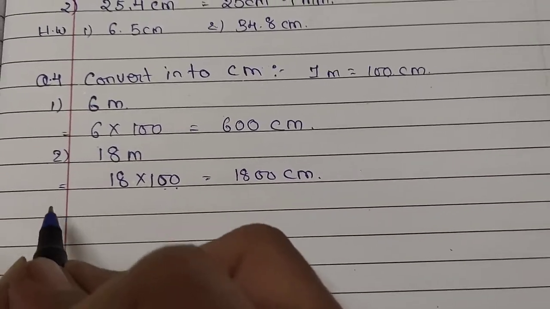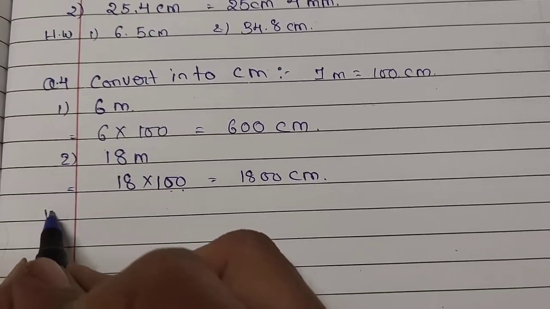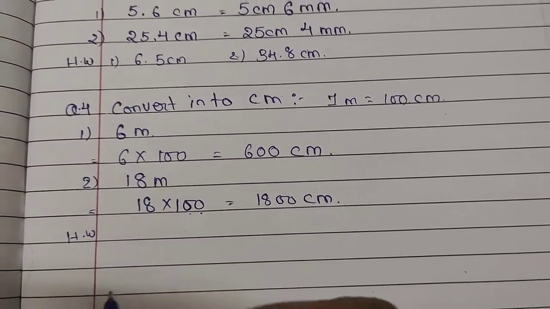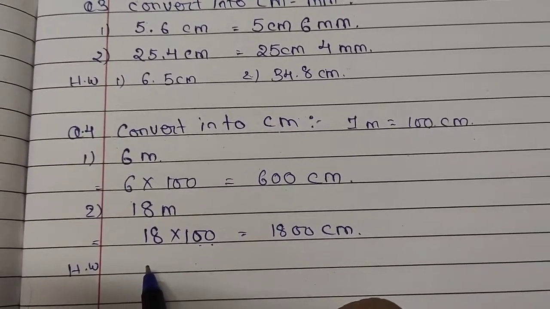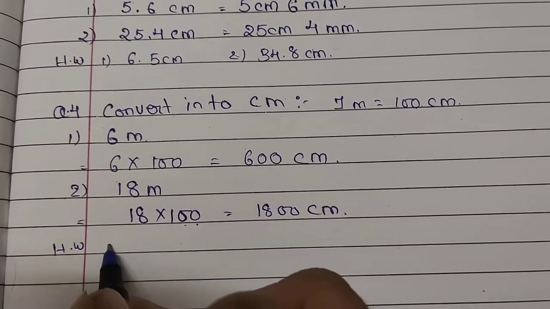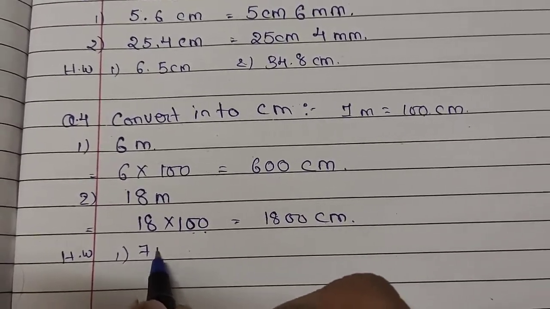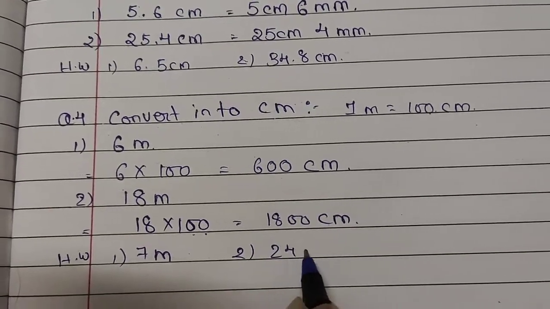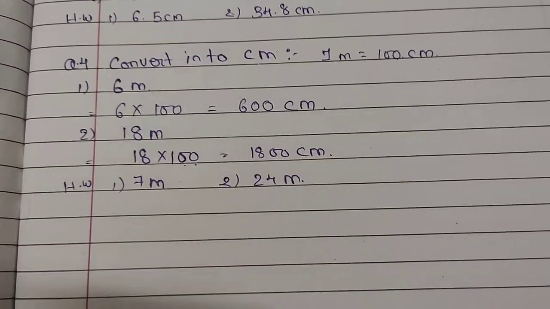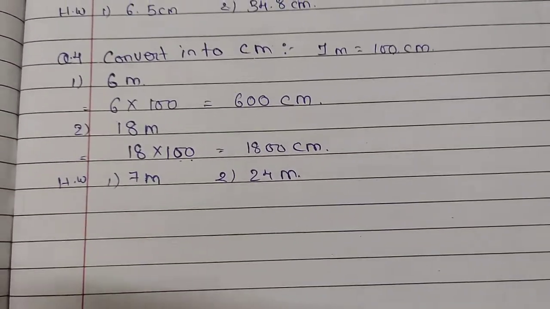Now here also I will give you some homework. I hope you have understood the question. Seven meter, and second one is 24 meter.